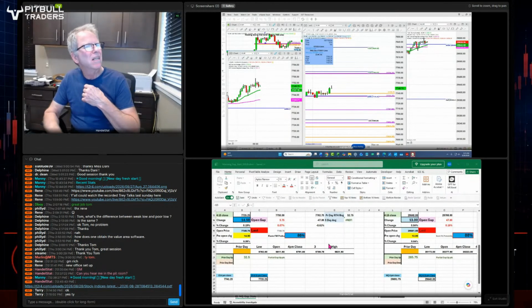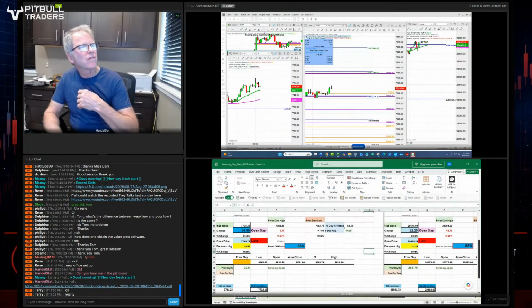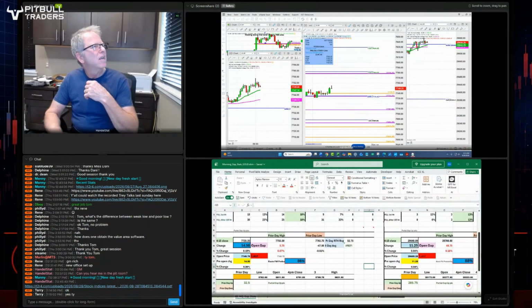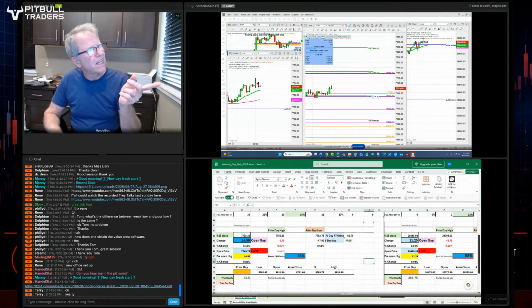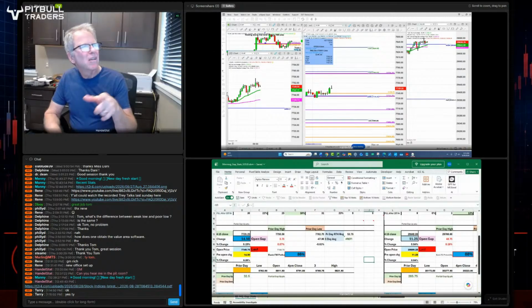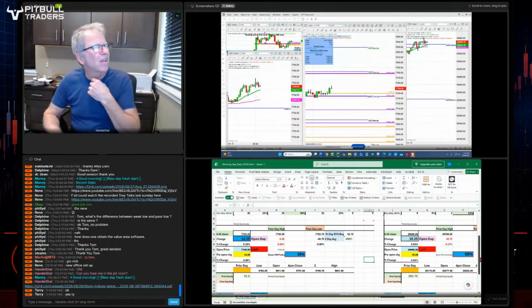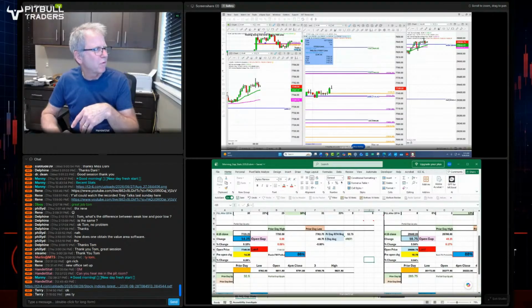Well, yeah, 86% ES is going to fill the gap, and 88% that the NASDAQ will fill that morning gap. And those gaps go to the 415 settlement price.